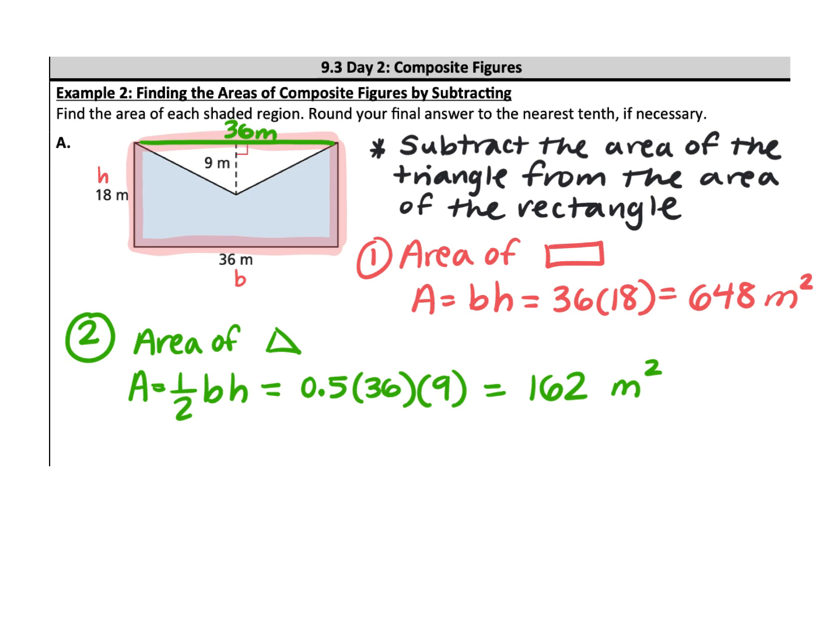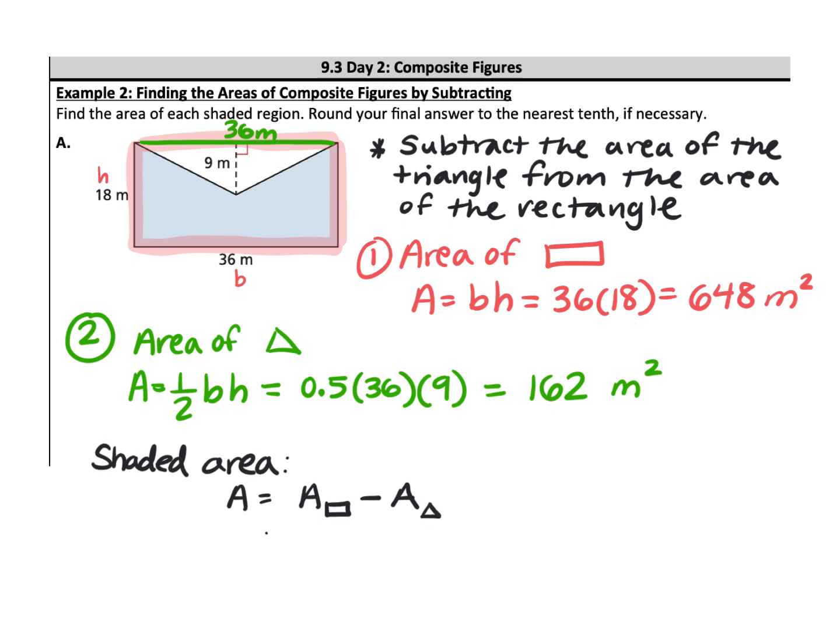Well, now we have the information we need to find the shaded area. So for the shaded area, we just need to take the area of the rectangle and subtract the area of the triangle.